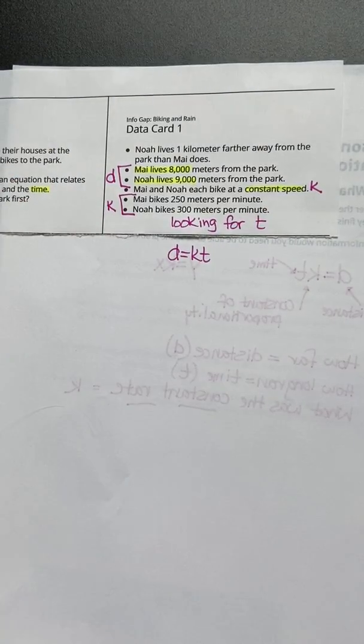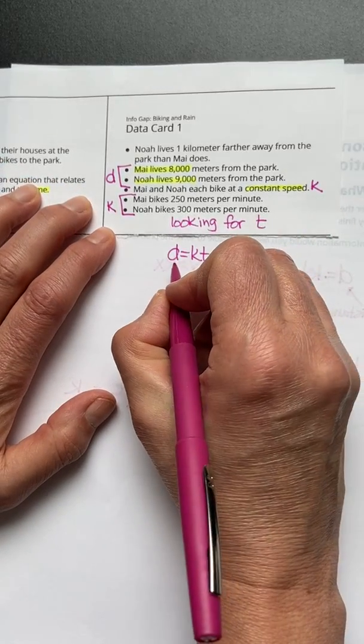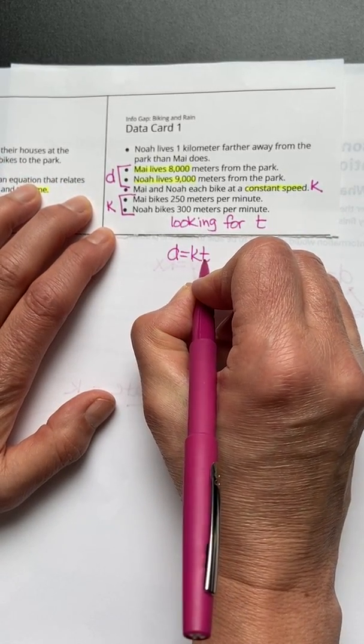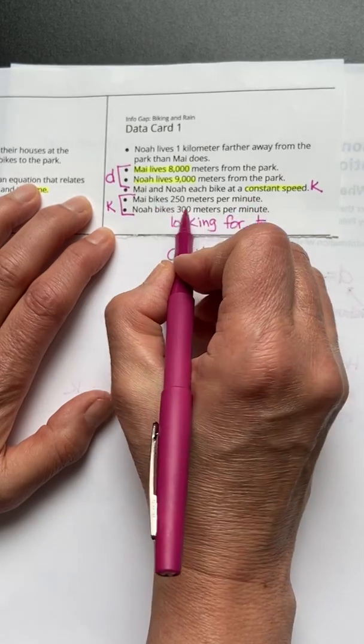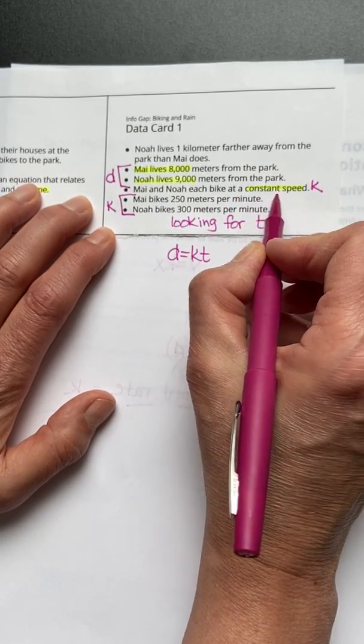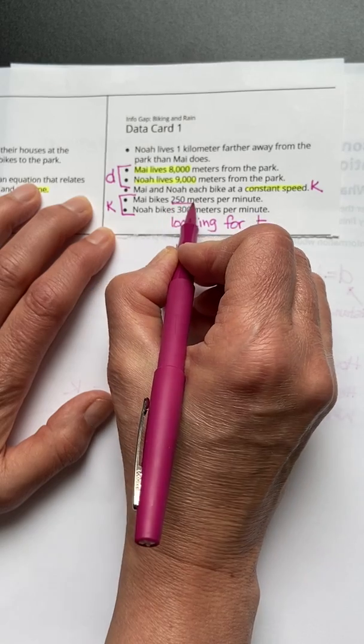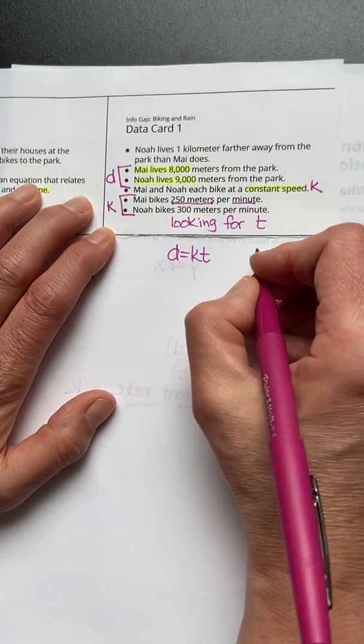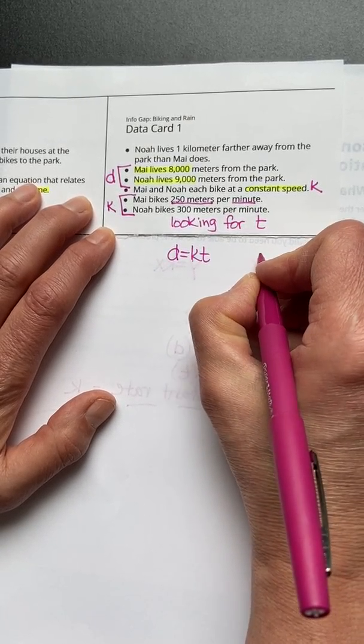All right, so let's figure out how we would figure out our K. Remember, distance is K times time. It's telling me that they each biked at a constant rate of speed. Hers was 250 meters per 1 minute. So her distance was 8,000.